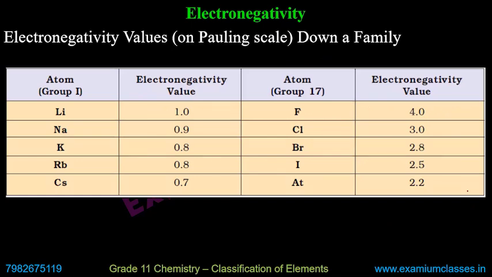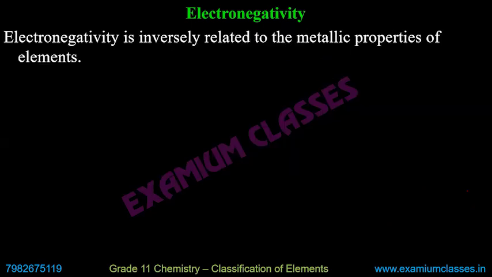Again, the same thing written differently. Electronegativity is inversely related to the metallic properties of an element. Why? Because metallic properties are related to electropositivity. You know that most of the metals are on the left hand side, highly electropositive. So lithium, sodium, potassium, rubidium, cesium, all these.